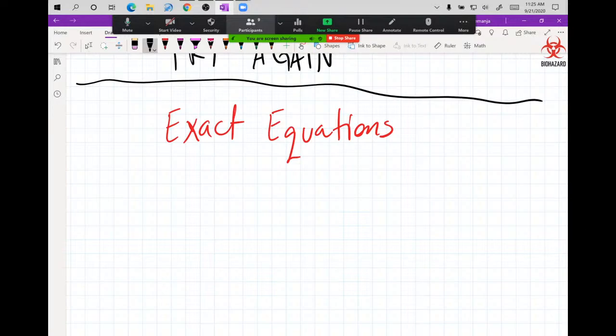In Calc 3, we said that a field is something that you can measure. You can measure electrical field, gravitational field, magnetic field. You can measure the speed of the current of the water in the ocean or the river. You can measure the speed of the wind, the speed inside a tornado or a hurricane.